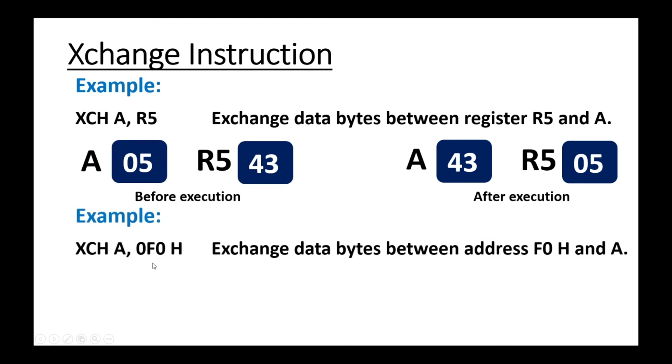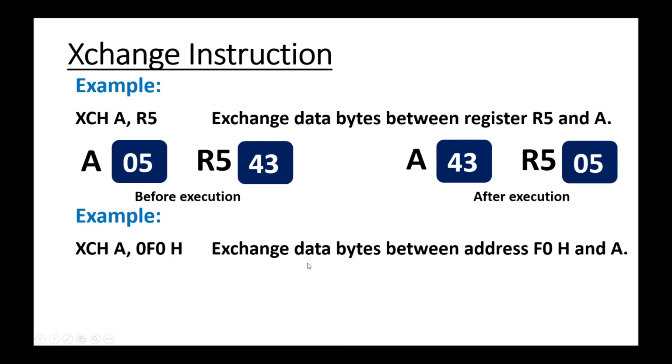Next example is XCH A, 0F0H. Now what's the address? You can comment it down. Obviously F0 is the address. Since this address is starting with a letter, 0 is added previous to F. So F0 is the address.